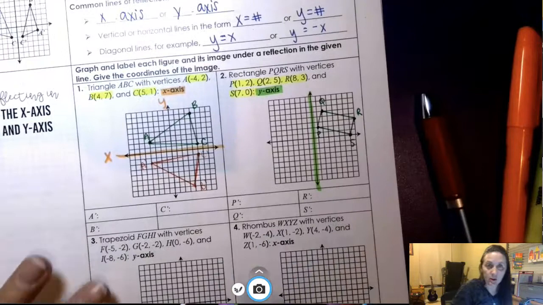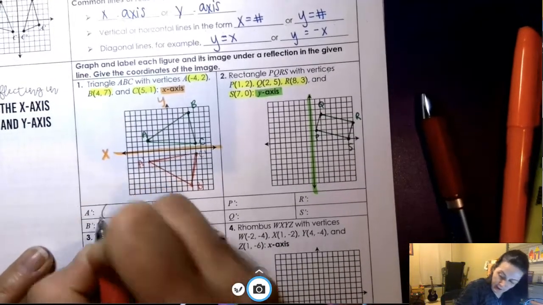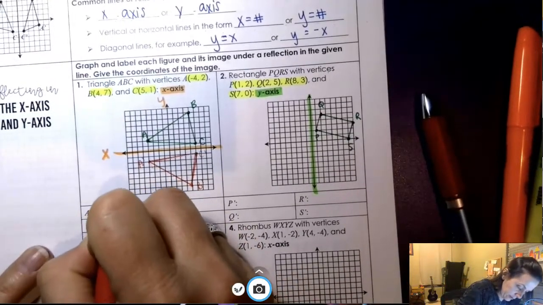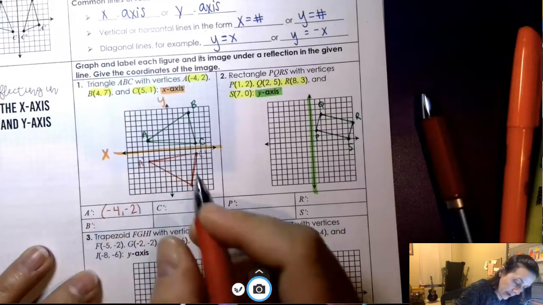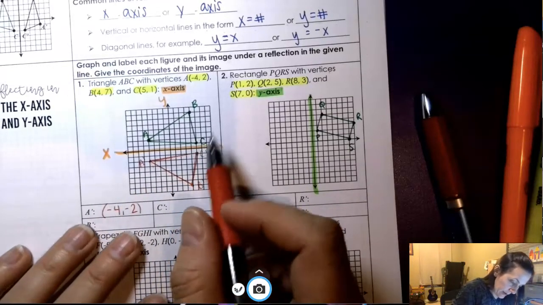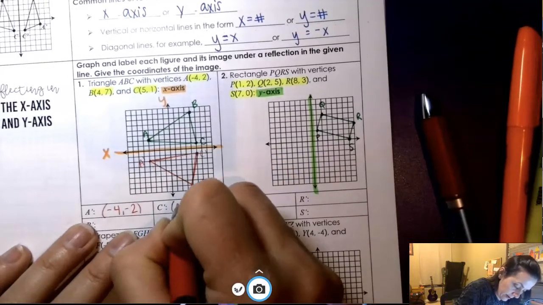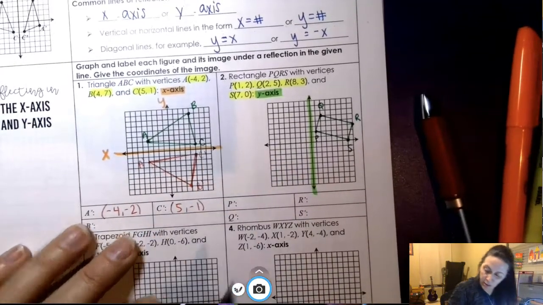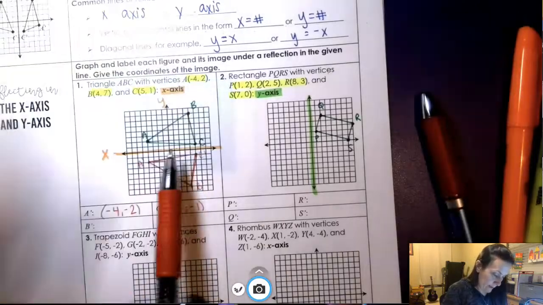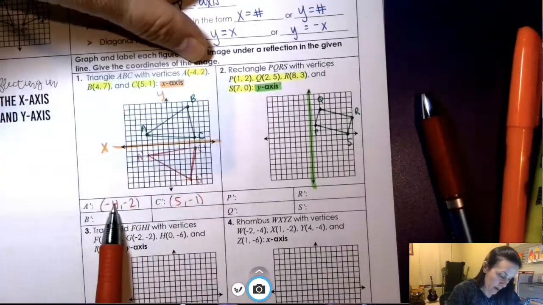So here we go. And then you can figure out what the points are for each of those. A is at -4, -2. C prime is at 5, -1. Look at what's happening. This was at -4, -2.